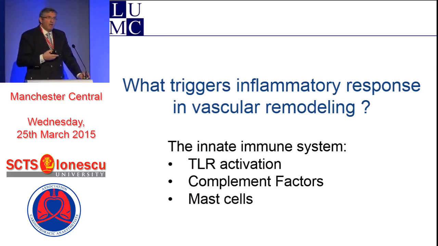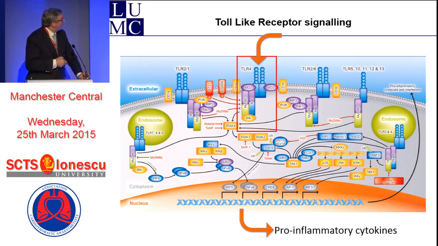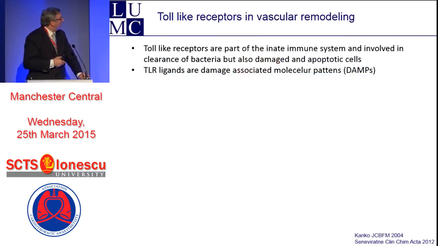These three factors are, in our opinion, crucial in triggering the vascular remodeling response. To make a complex story quite simple, Toll-like receptors have a complex signaling system. The only thing I would like you to remember is that if you trigger the Toll-like receptors via this route, in the end, pro-inflammatory cytokines will be formed.